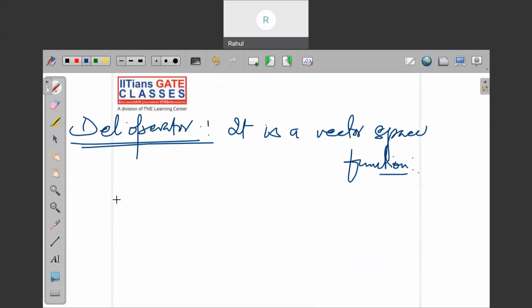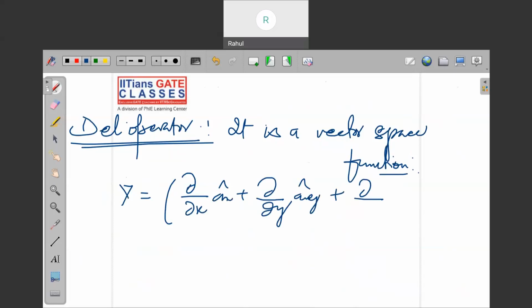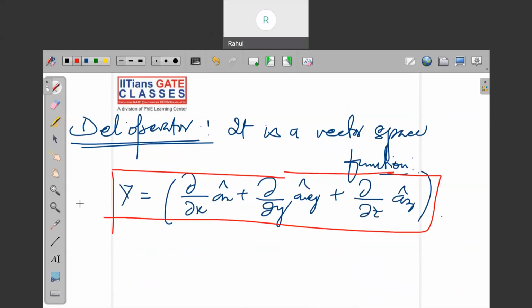Del is written like this, where the partial derivative with respect to the space variables: dou by dou x, ax cap, dou by dou y, ay cap, and dou by dou z, az cap. Remember this is the Del operator. Sometimes it is also known as nabla. So Del operator is basically a vector differential operator.